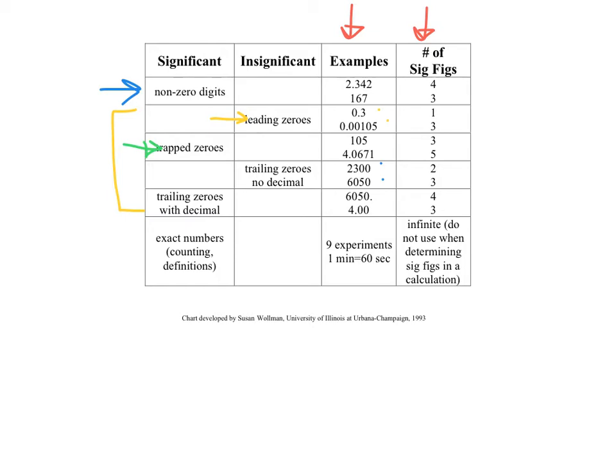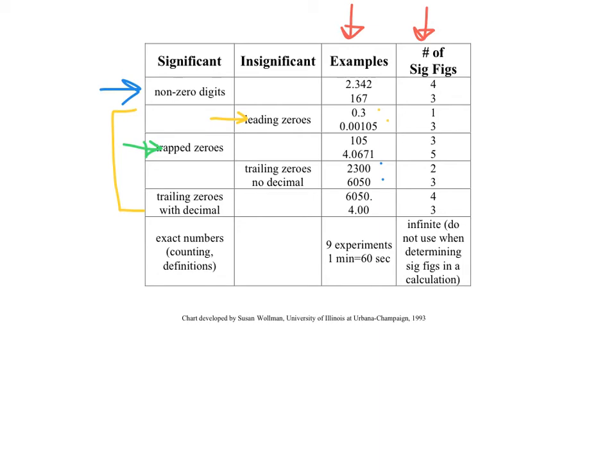The last 2 zeros are there simply as placeholders because without them you would have written the number 23. But it's telling us that our uncertainty, our estimation, is in the hundreds place. So it's saying our number could be 2300, it might really be 2400, it might really be 2200. So our uncertainty is in that last significant figure.